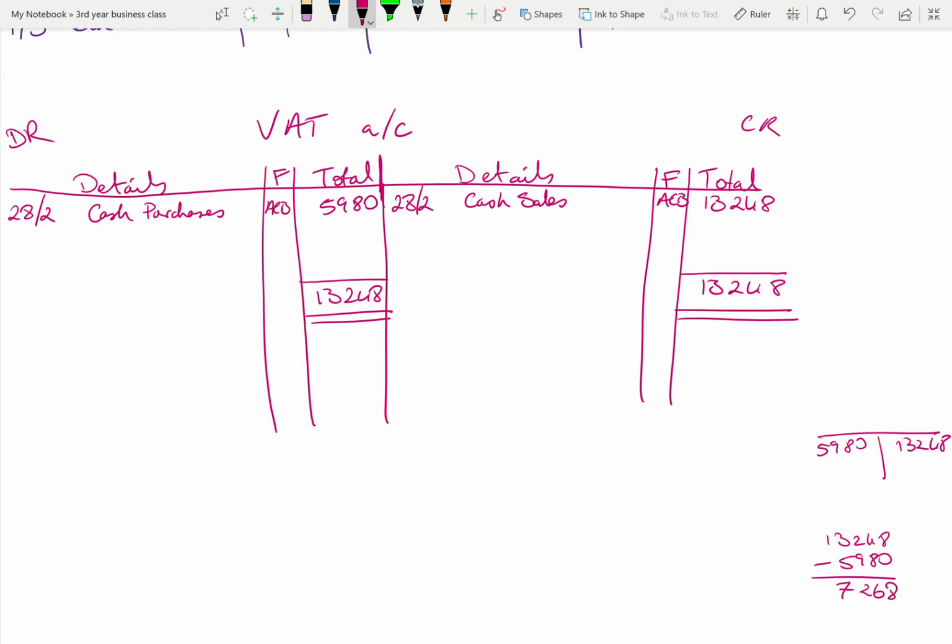So I know now I need to put 7268 on that side for them both to be the same. Great. So I can now put that information in.